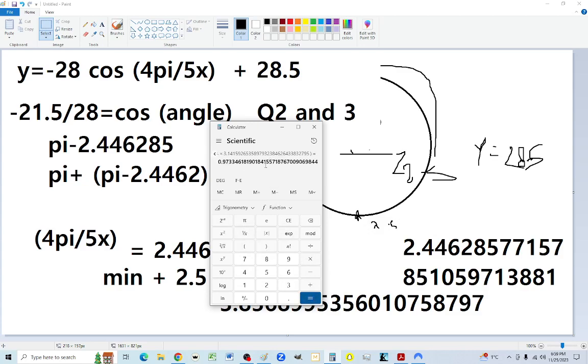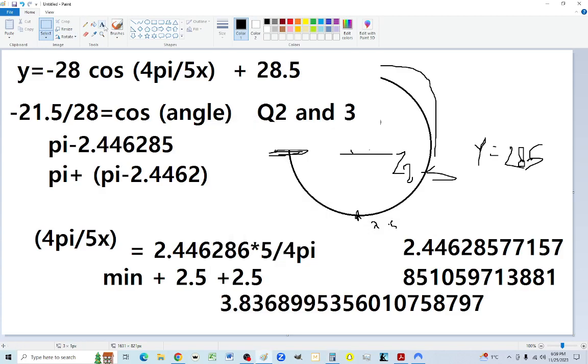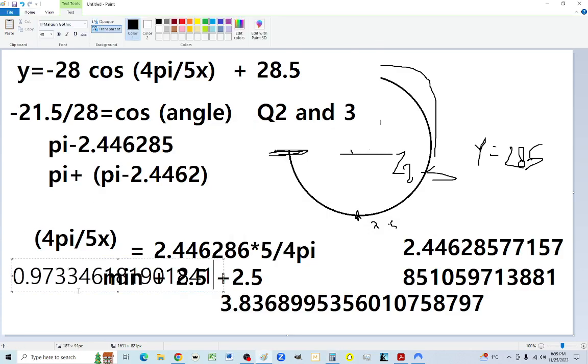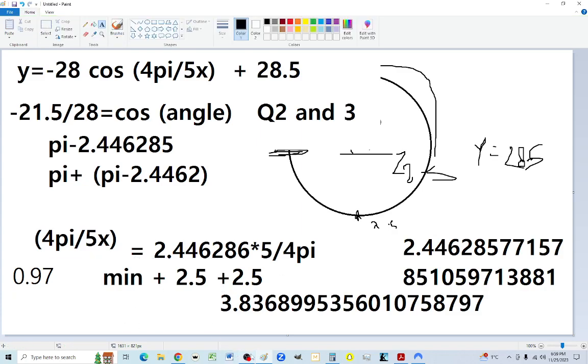It's actually this many minutes. Let's call it 0.97 minutes on the way up, plus 2.5, plus 2.5. So it's roughly 1 minute, really.